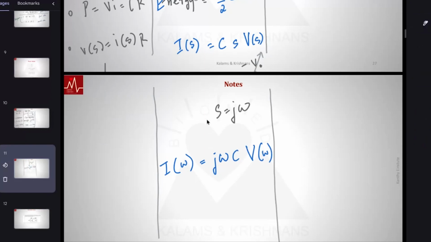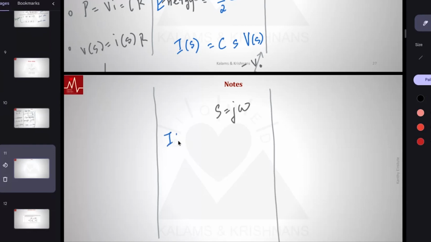So this I substitute: this is j omega into C into V of omega. If we do the same thing here, I have V of omega as R into I of omega.